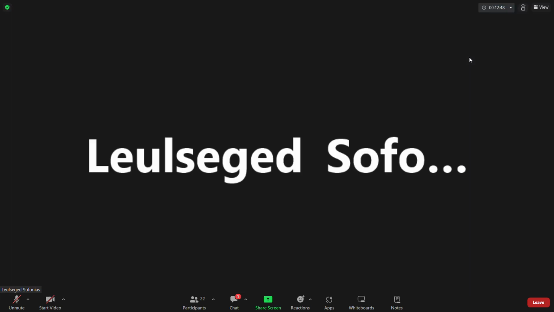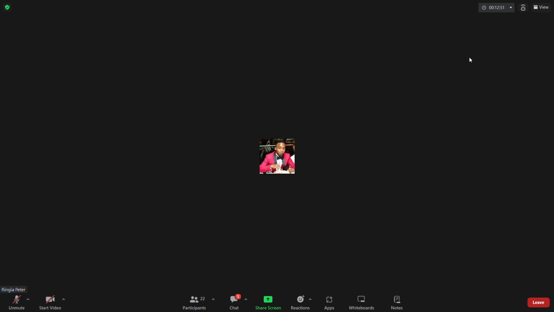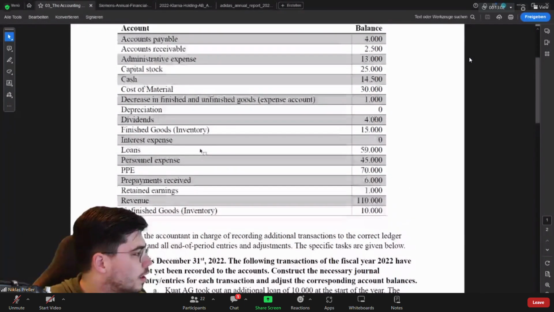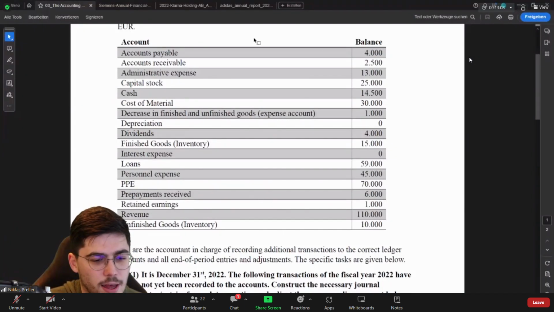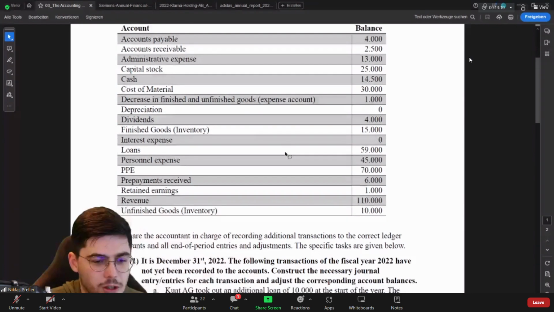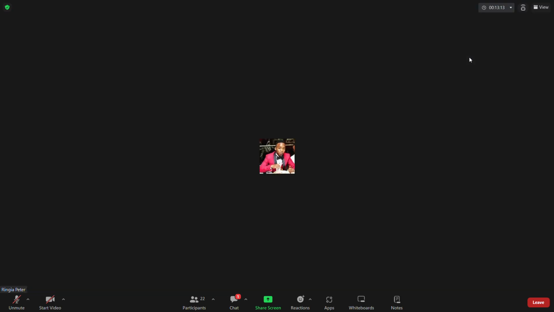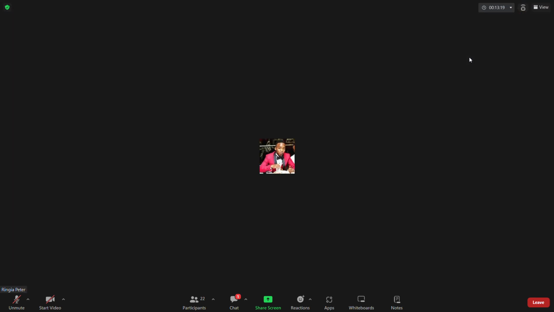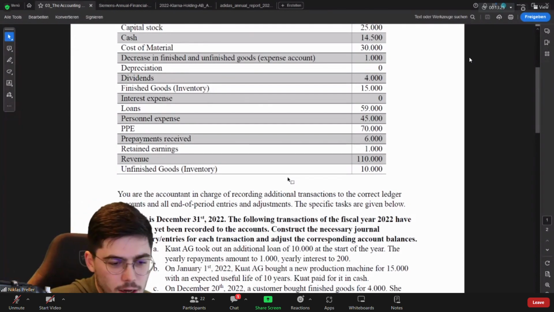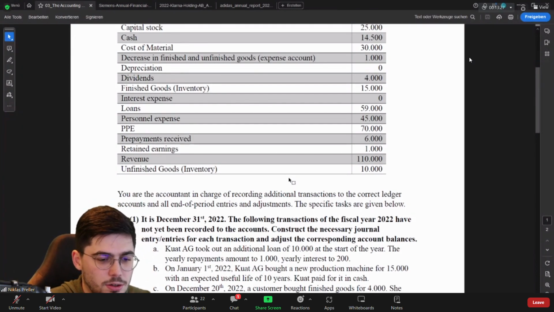The first one will be bank loans to cash 10,000. Those are the correct accounts. Yes, we have loans and we have cash. That's correct, but we have to have it the other way around, because we raise cash when we take out a loan. We take out a loan and get the money into our own bank account.